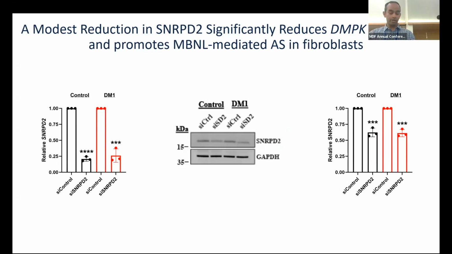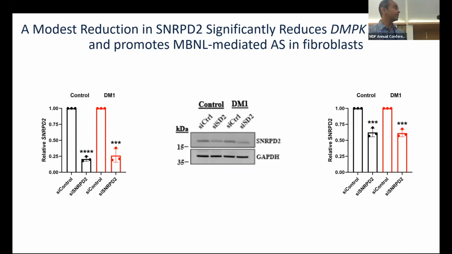So we selected one of our top hits, SNRPD2, and modulated its expression in DM1 and control patient fibroblasts. And so first we confirmed that we were leading to a basically modest reduction in SNRPD2 levels.